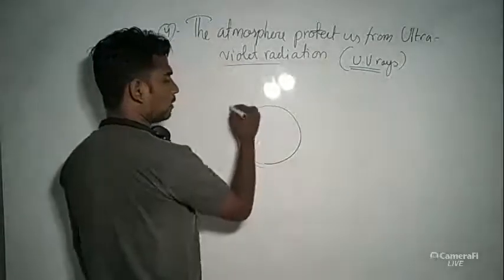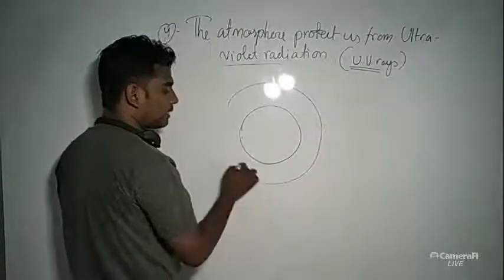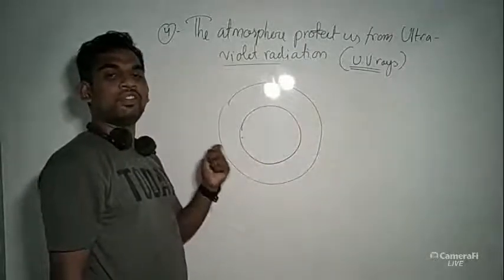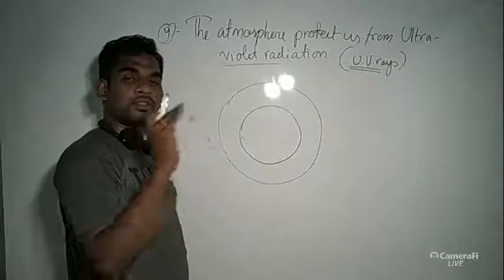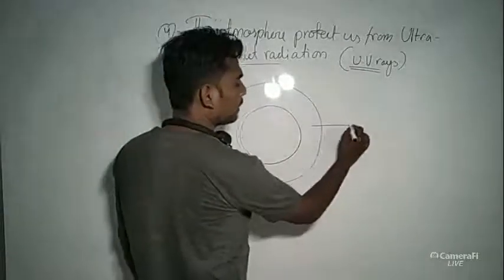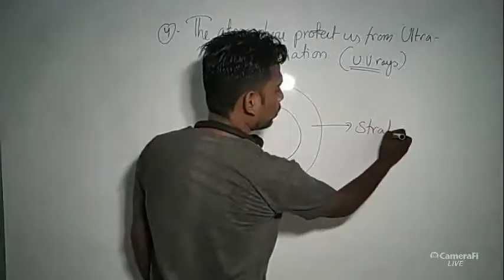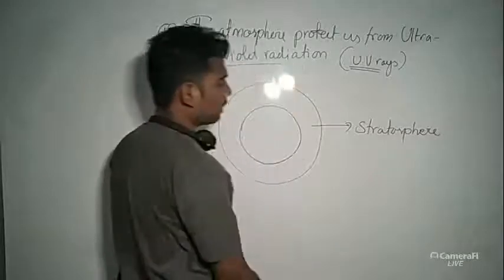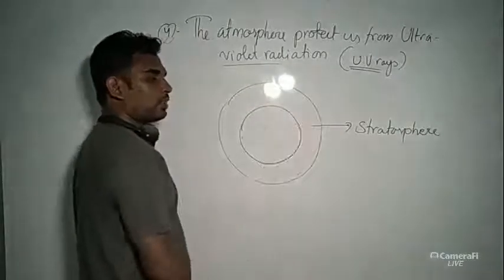Suppose this is the earth surface, and as in the previous class I told you, the atmosphere has been divided into different layers. Atmosphere में different layer होता है, troposphere, stratosphere. Troposphere के ऊपर में ही हम लोगों का एक sphere आता है, that is known as stratosphere. Top of troposphere we find stratosphere.